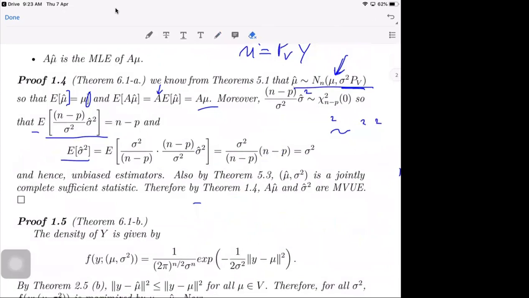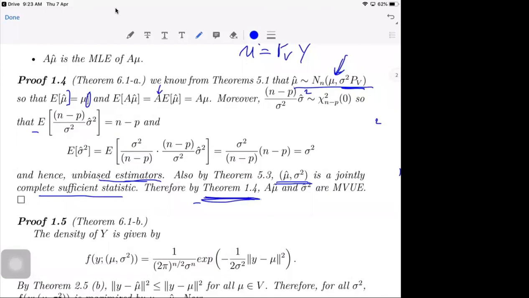So hence, both estimators are unbiased estimators, so that by the Lehmann-Scheffé theorem, since we know already that these are complete sufficient statistics, then both are unbiased statistics. So we can use the Lehmann-Scheffé theorem to tell that A mu hat and sigma hat squared are MVUE.